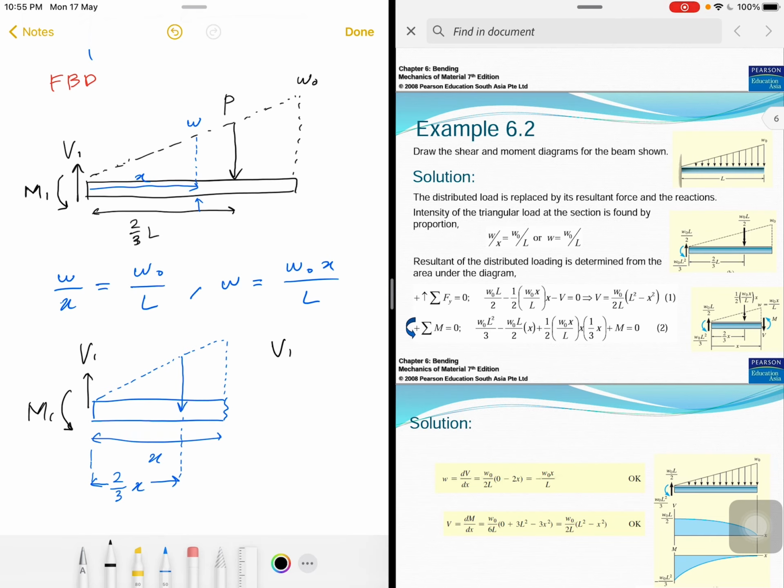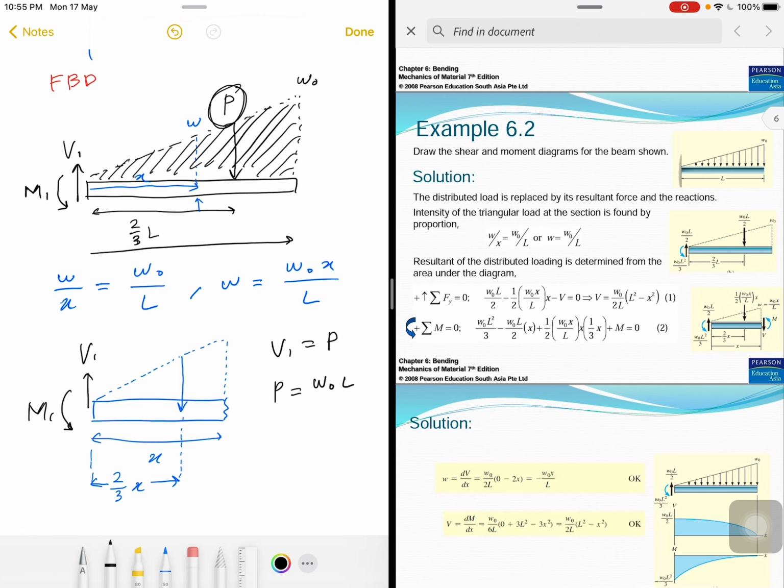So V1 is actually equal to P. So P right here, we need to find this area to calculate P. So P is equal to W naught times L. So this length is L.